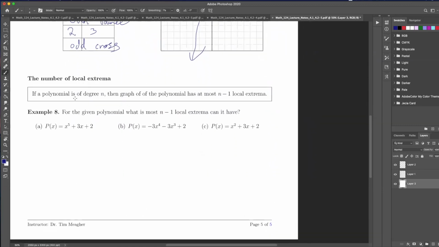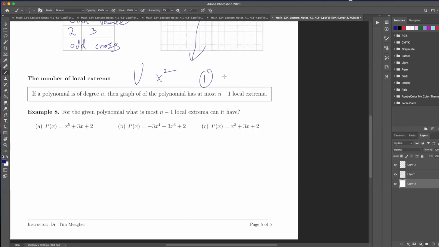All right. So number of local extrema. If a polynomial has degree n, the graph has at most n minus 1 local extrema. And so the number of local mins or maxes a graph can have is 1 less than the degree. So for the quadratic, x squared, it could have at most 1.